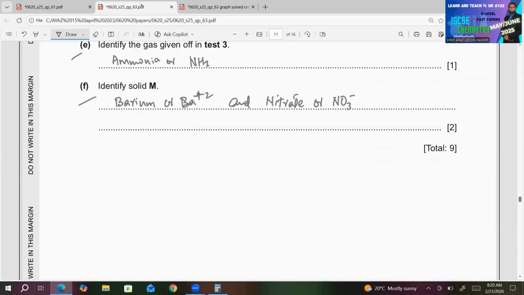You can even write the formula of barium nitrate. It must be Ba(NO3)2. Barium is in group 2. Nitrate ion carries -1 charge. Ignore the charges. These subscripts will be exchanged. Then you will be getting Ba(NO3)2.